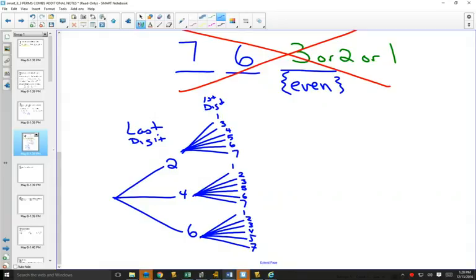Okay? This is where things get messy, because now to pick your second digit, and I'll just do this one. 1, 2, 3, 4, 5.